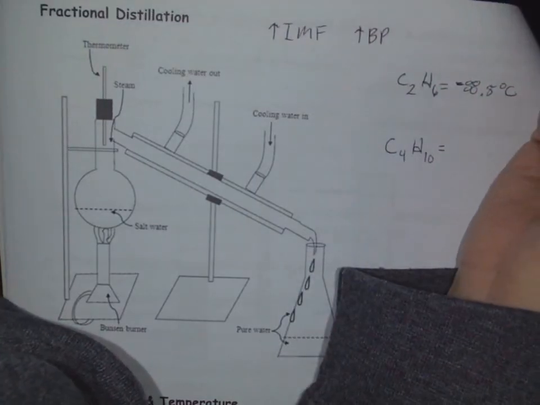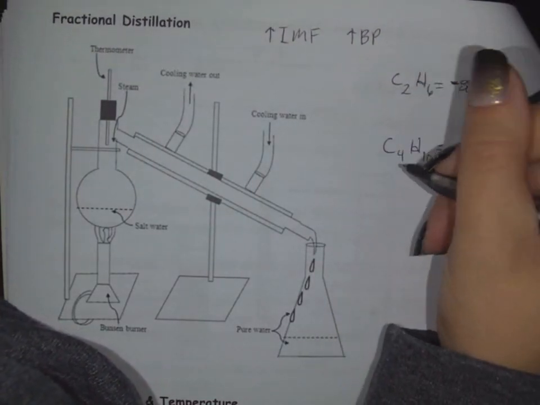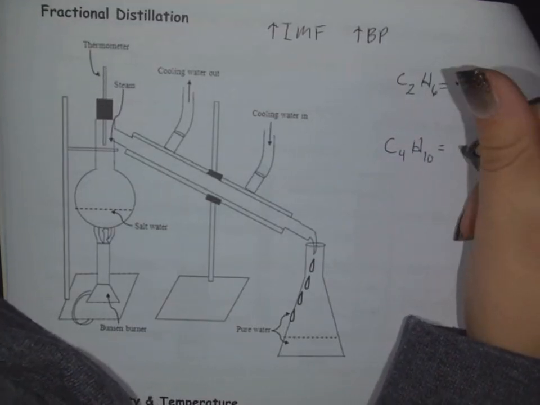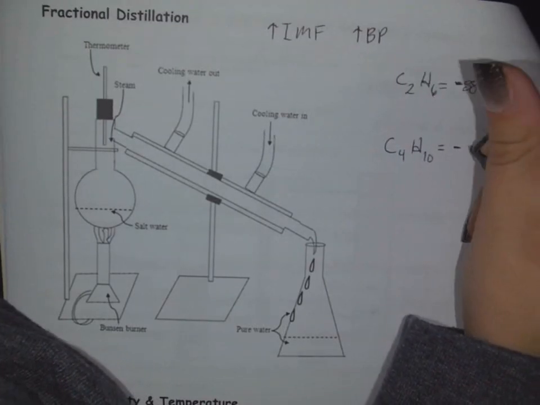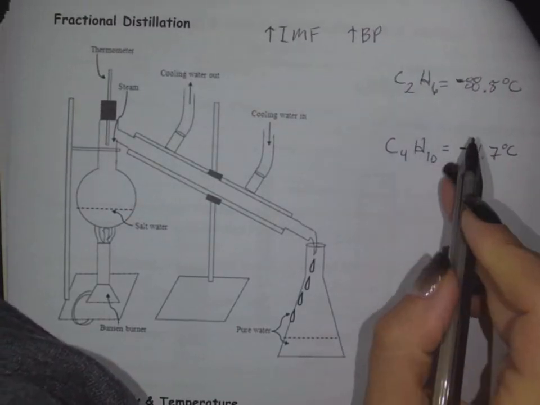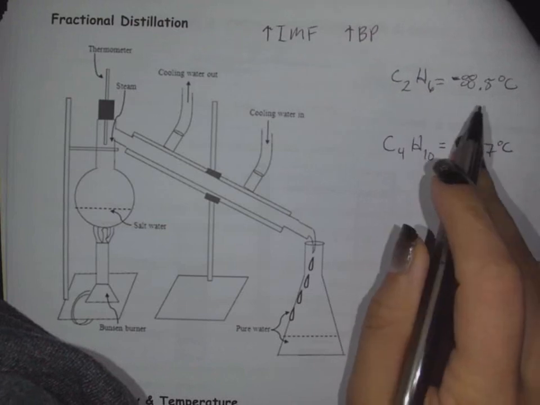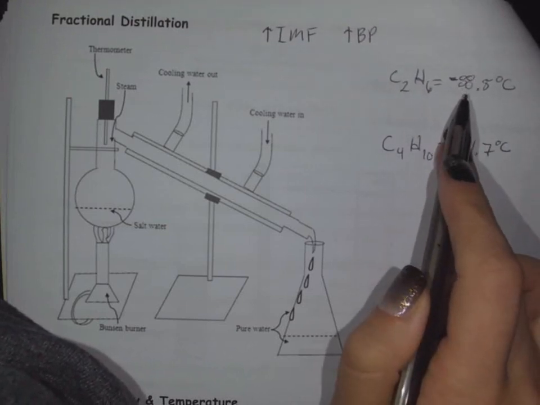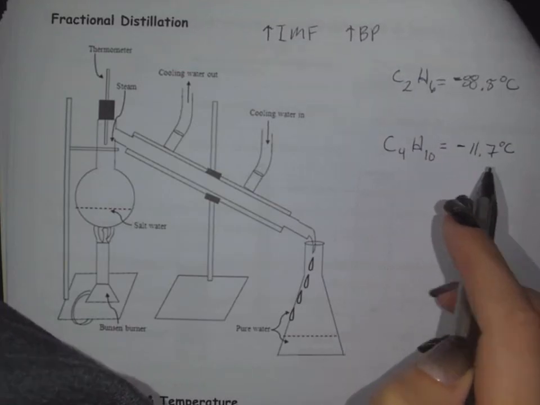They're directly proportional. So since this molecule is bigger, it has a stronger London dispersion, so it has a higher boiling point. These are negatives, so don't freak out. Like, isn't 88 bigger than 11? Yeah, but negative 88 is lower than negative 11.